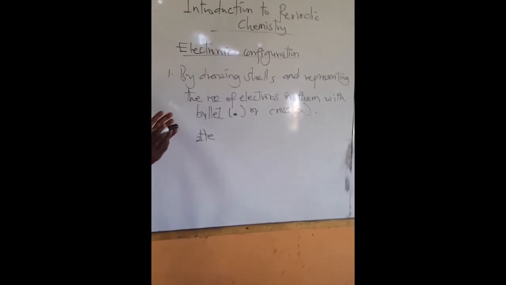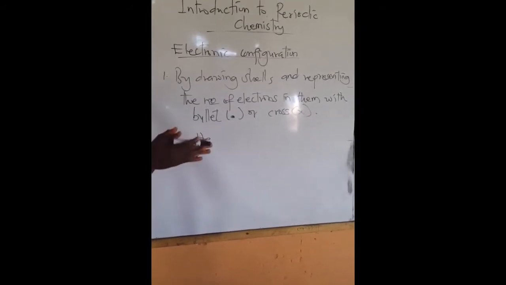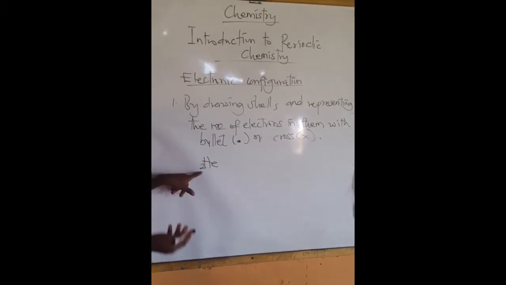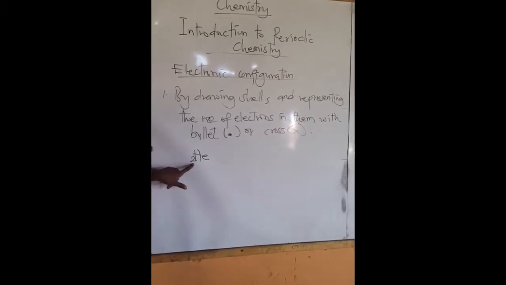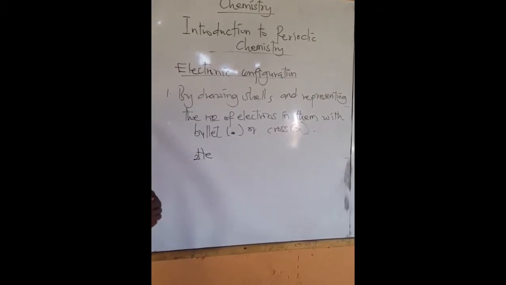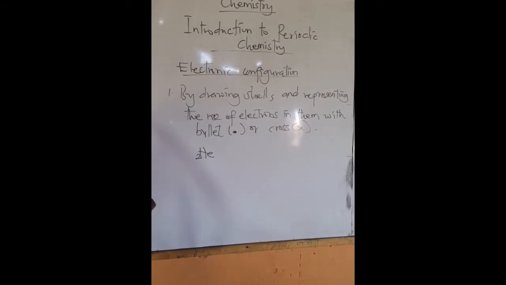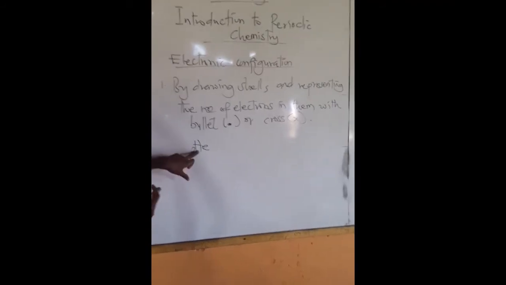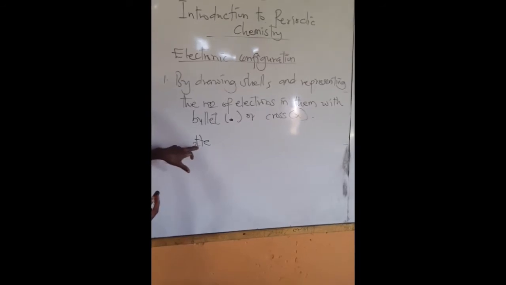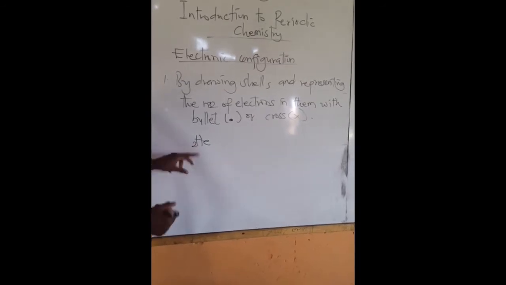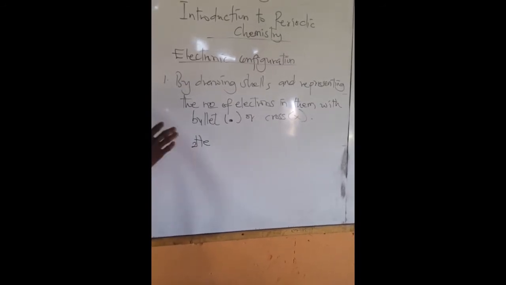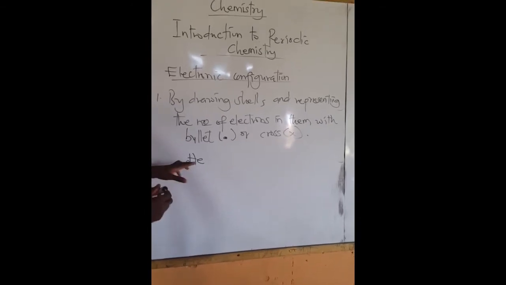For a neutral atom, the number of protons is equal to the atomic number, and this is also equal to the number of electrons. So in the neutral atom of helium, when the proton number is 2, it means our electron number is 2.